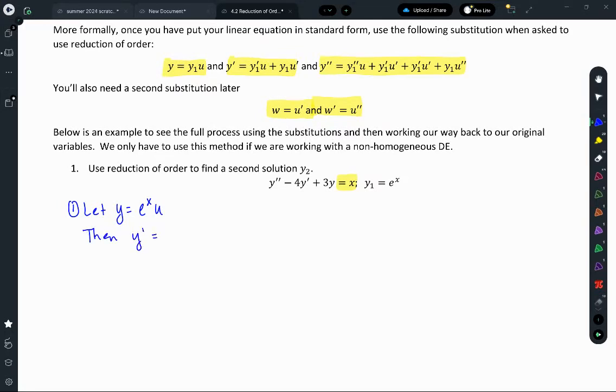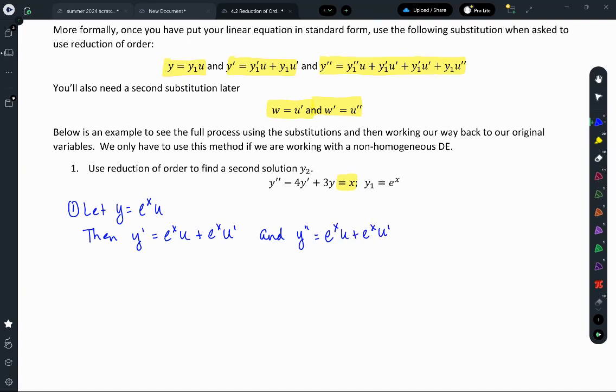Then y prime is equal to the derivative using the product rule here. So we'll get e to the x u plus e to the x u prime. And now we need y double prime. So we'll focus on the first term first. The derivative of e to the x u is e to the x u plus e to the x u prime.